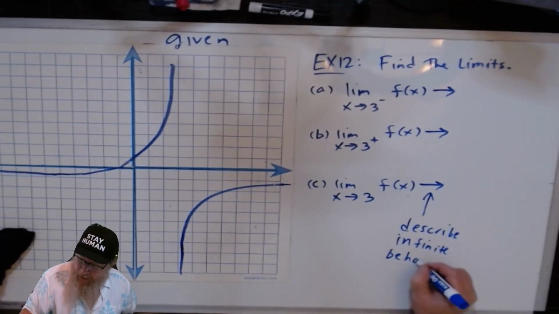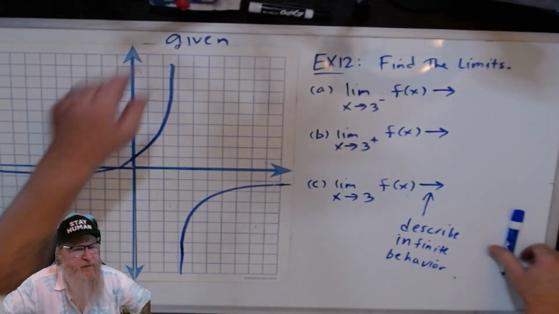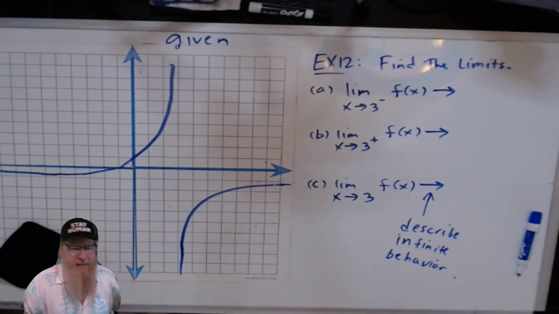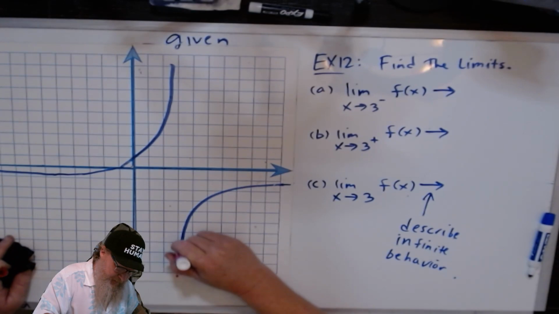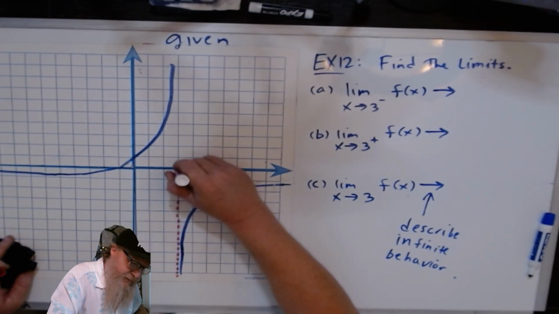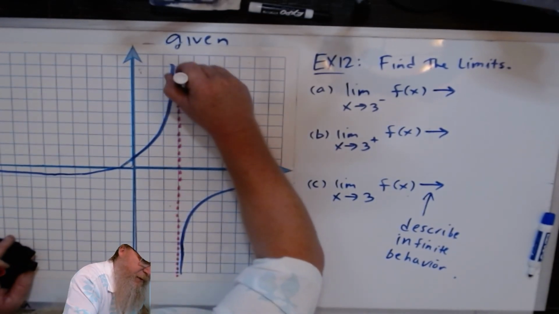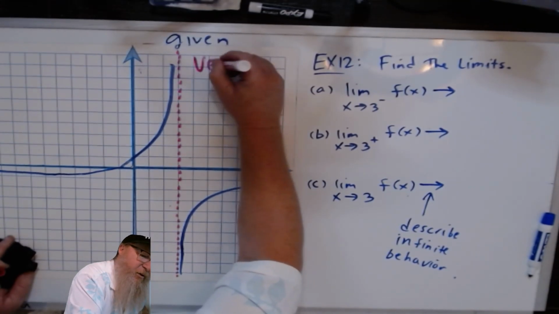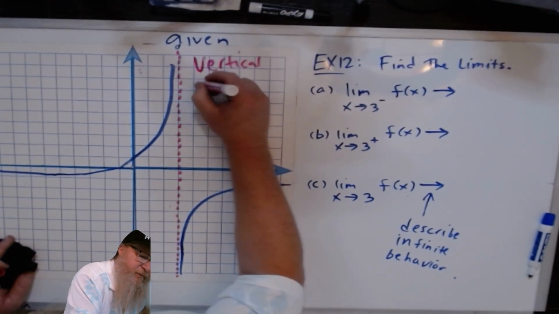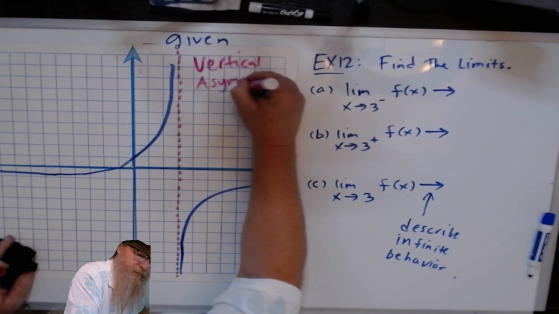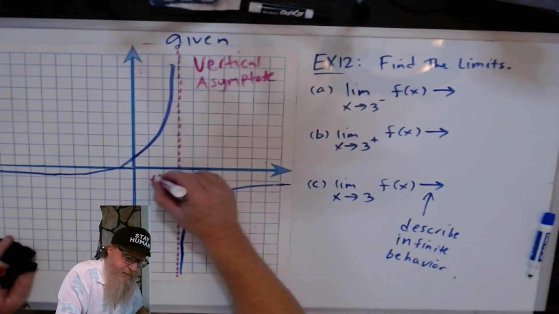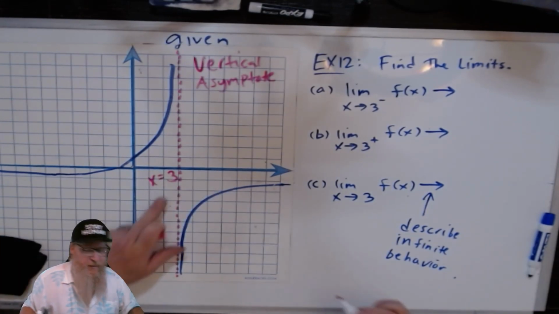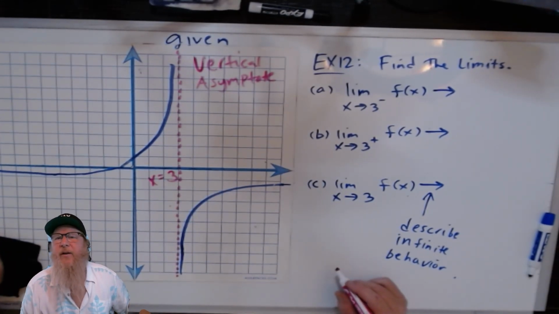There are only 2 possible infinite behaviors. As I mentioned earlier, there's a dotted line here called a vertical asymptote, and it occurs at x equals 3. So x equals 3 is a vertical asymptote.